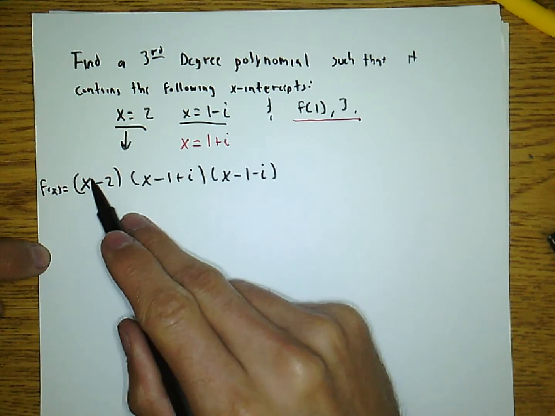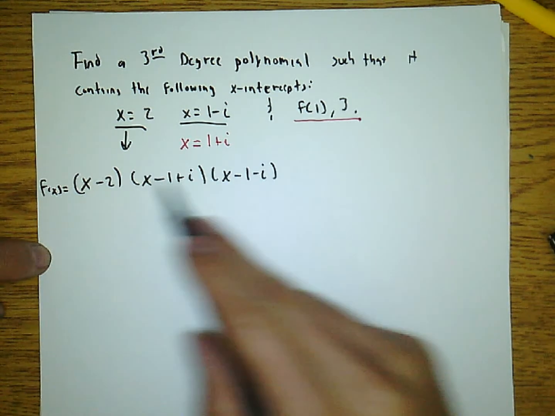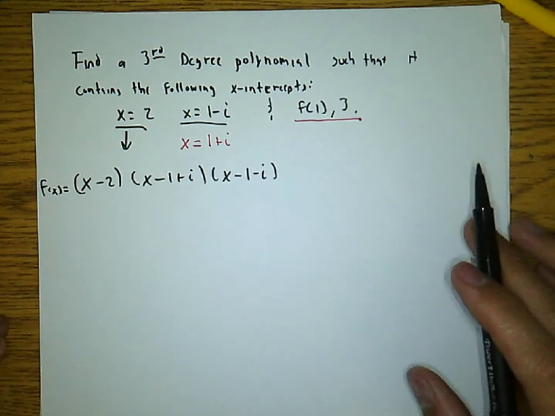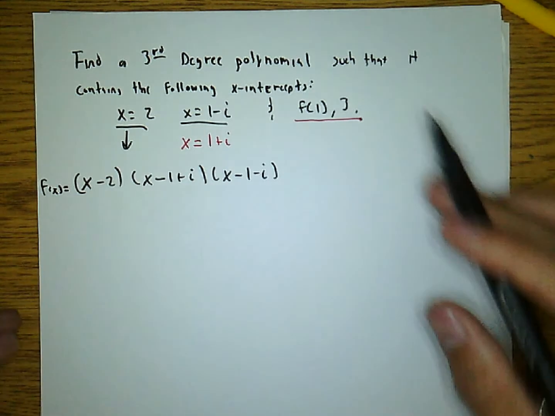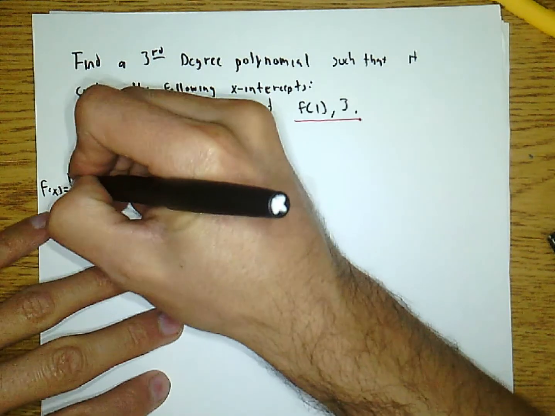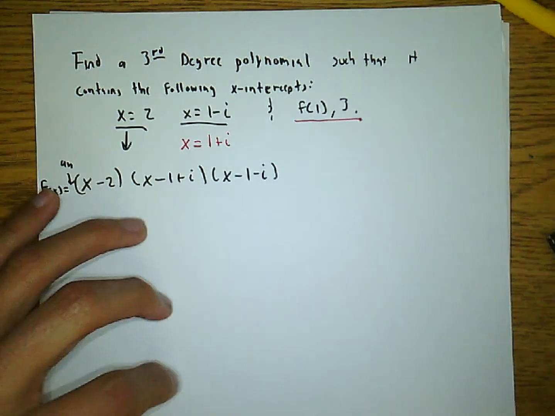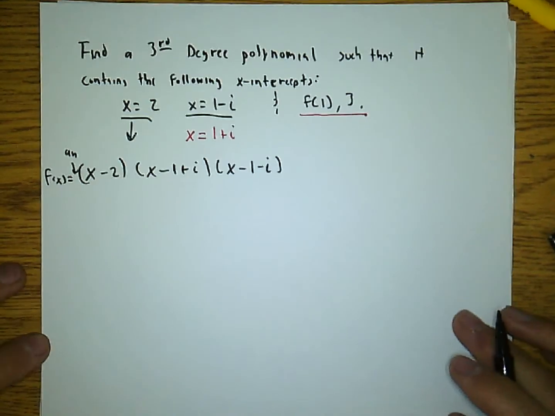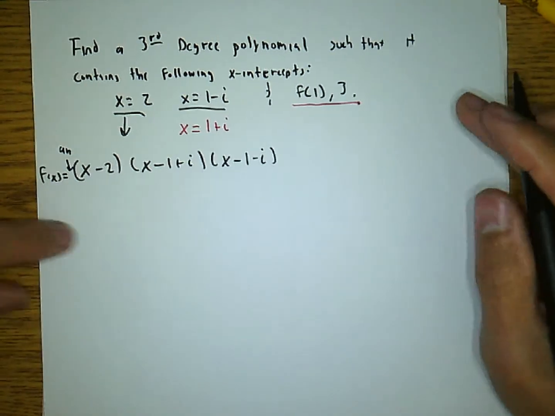Notice it says power of 1, power of 1, power of 1, so these are linear, and it's a product. My linear factorization theorem is working, but I could also have a number in the front. I forgot to put that, a sub n. Now I'm going to multiply this out to clean this up.